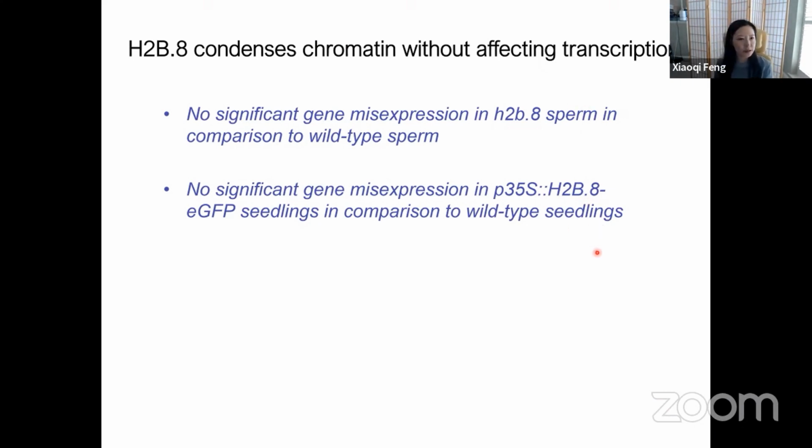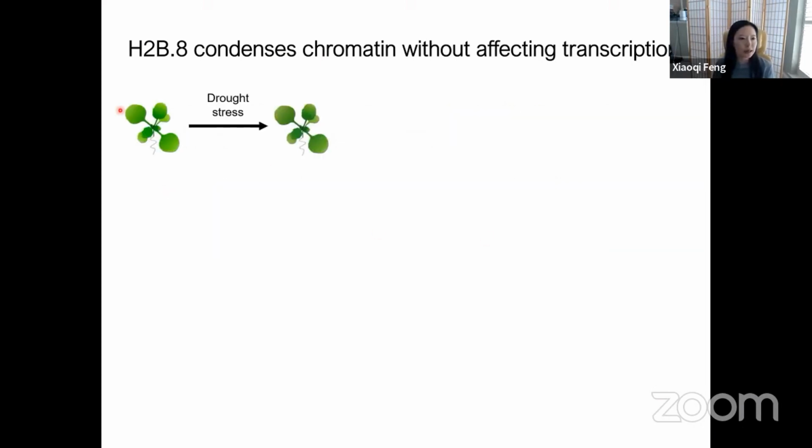And as a result, we did not observe any significant gene misregulation. And finally, to test whether H2B.8 can inhibit transcriptional activation, we exposed the H2B.8 ectopically expressing seedlings to drought stress and examined the transcriptional response.